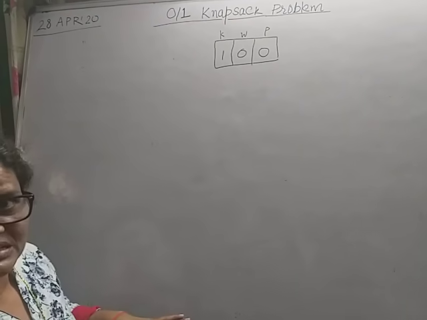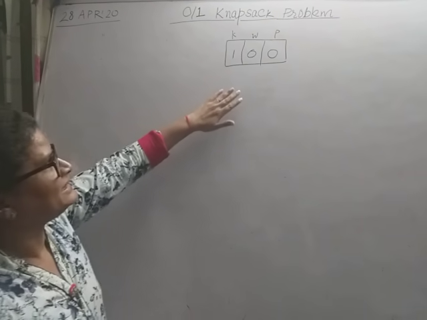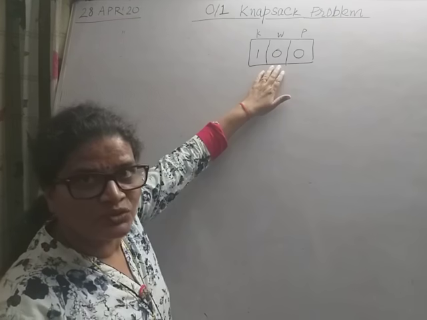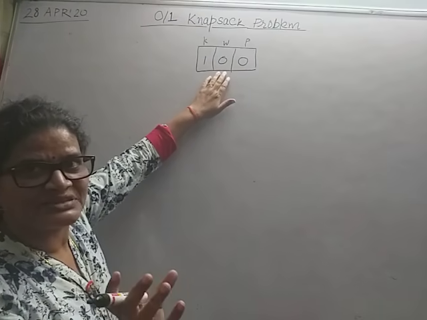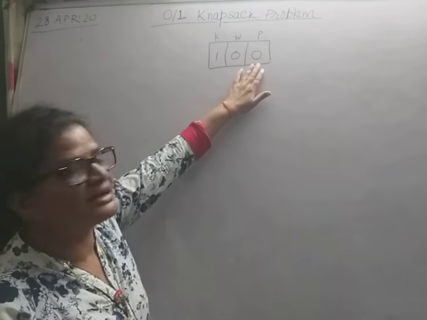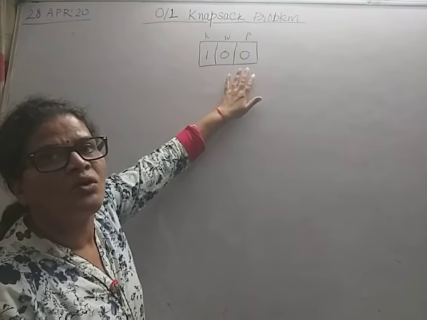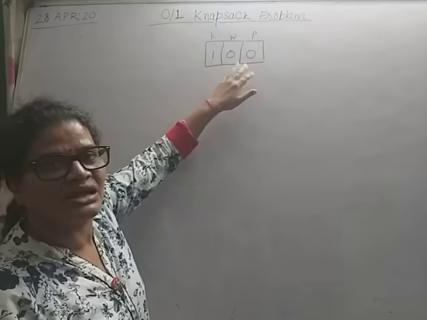So at present I am going to take the decision for the first object. As no weight is in the knapsack, the current weight is 0 and the current profit is also 0, as no object is placed into the knapsack.